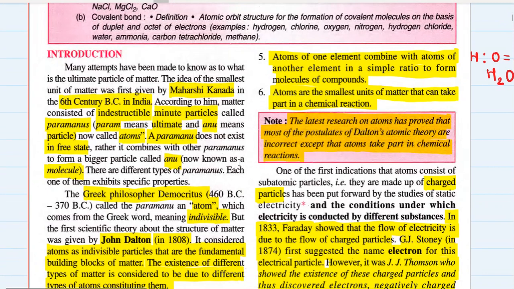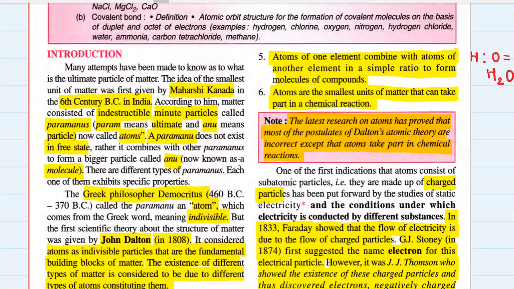we started with the introduction, with some assumption made by the ancient philosophers, let's say around 2, 3, 4, 5,000 years back. From there, we came. Everybody thought that there is a small particle of which this atom is made up, which is indestructible.